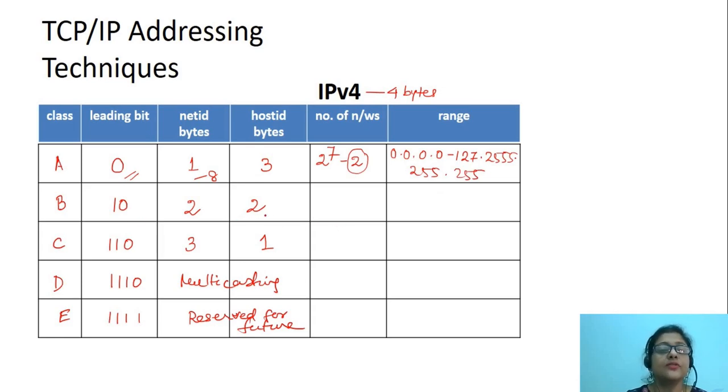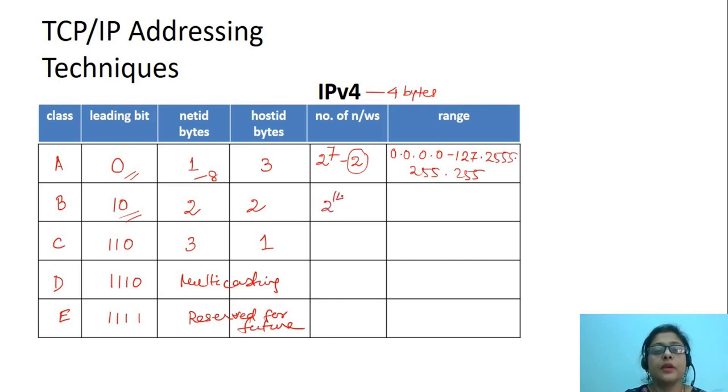For Class B addresses, we can see that for the net ID part, it is 2 bytes. So 2 bytes means 2 into 8, so 16 bits. Out of the 16 bits, 2 bits are used as leading bits. If you leave those, we are left with 14 bits.